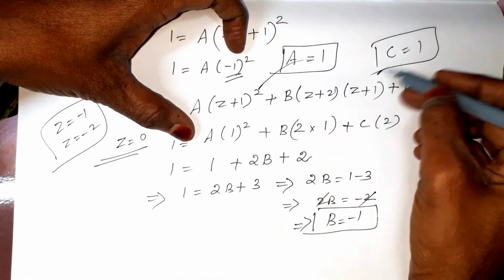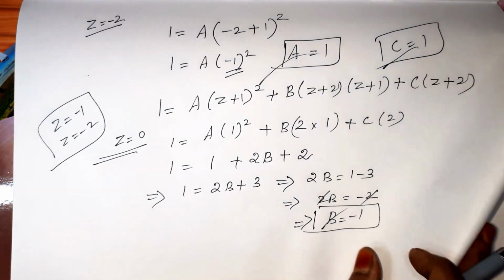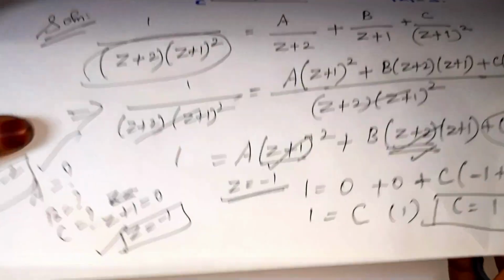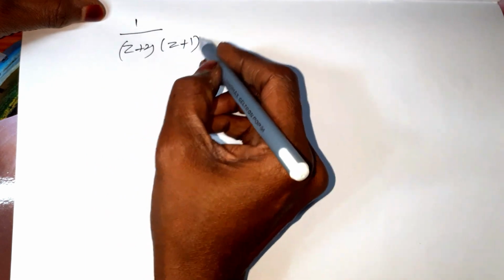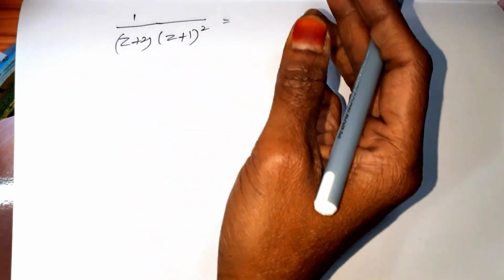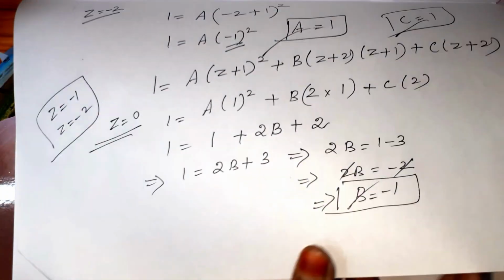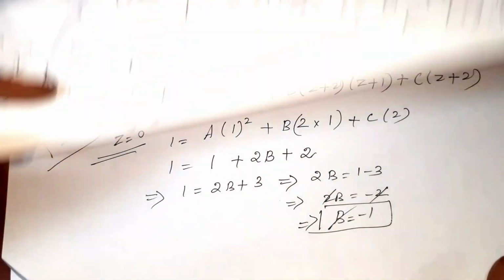So we got all the three values, right? Now we can split the given term 1 by z plus 2 into z plus 1 the whole square. What is A? A is 1, B is minus 1 and C is 1.